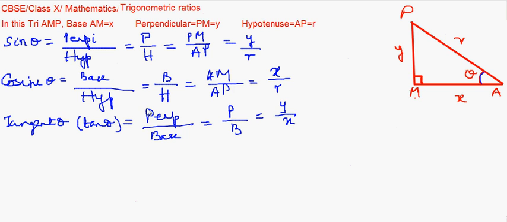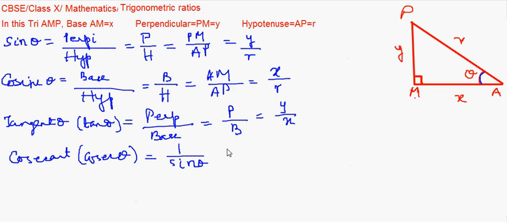Now we will be learning about the reverse ones. For sine theta, it is cosec theta, written as cosecant. Cosec theta is the reciprocal of sine theta, written as 1 by sine theta.